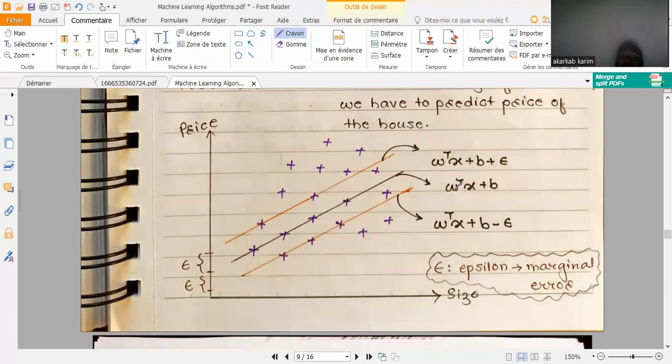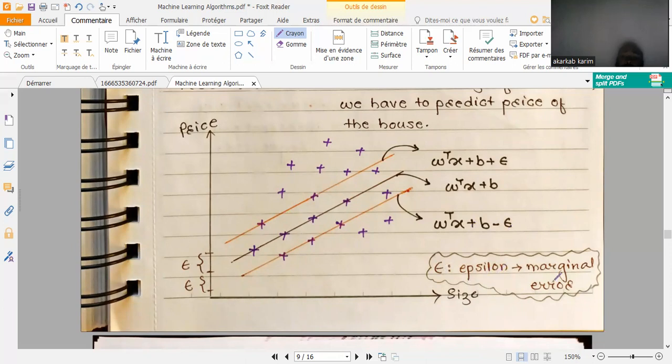This is the equation of this line: W transpose times X plus B. And we have here W transpose X plus B plus epsilon, and W transpose X plus B minus epsilon.